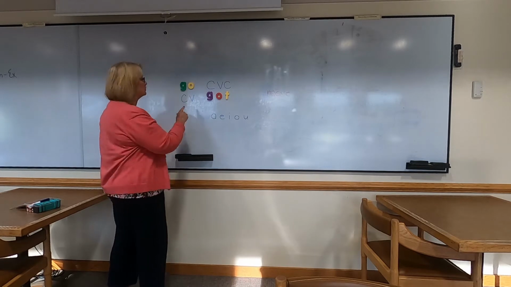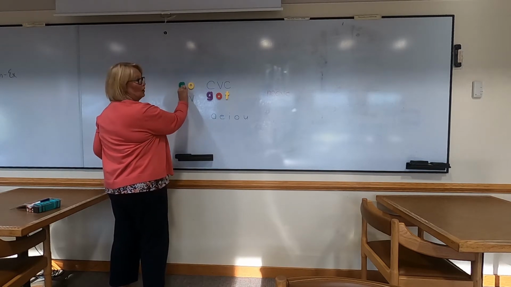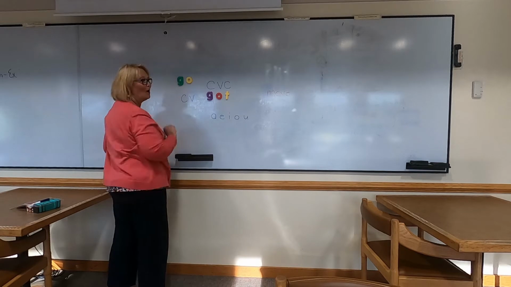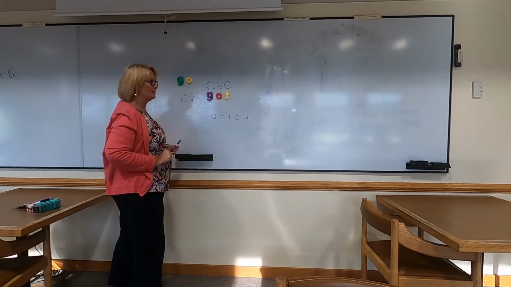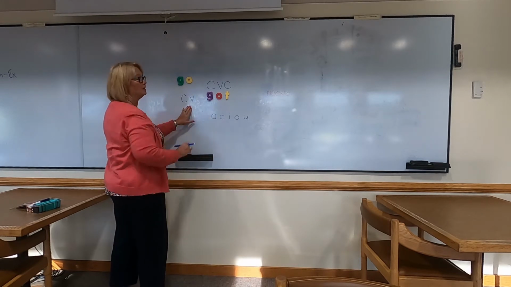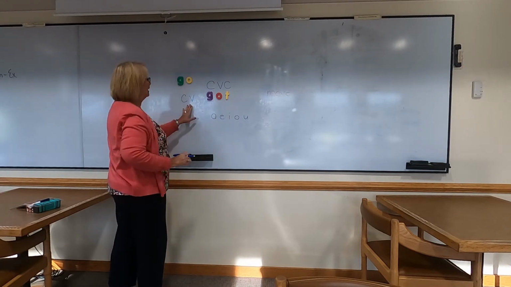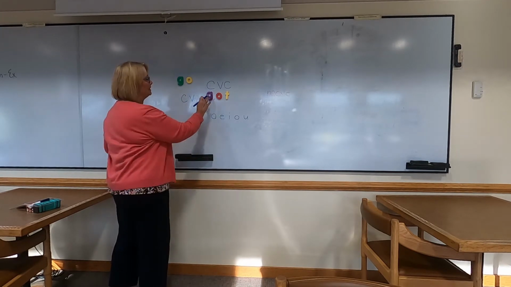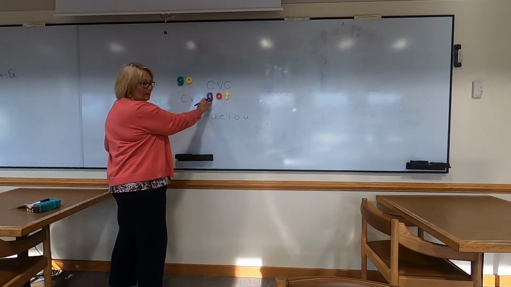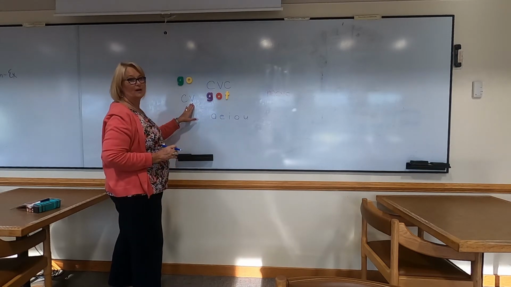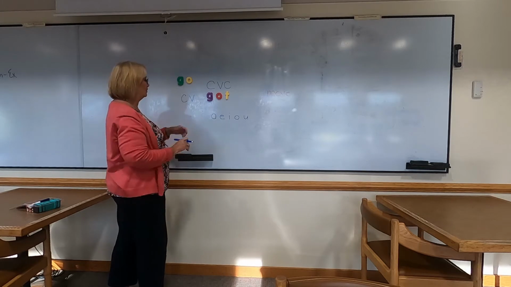So if we push this word, it goes g, o, go. So it's very important that we know these first two syllable patterns, CVC and CV. The C stands for consonant and the V stands for vowel.